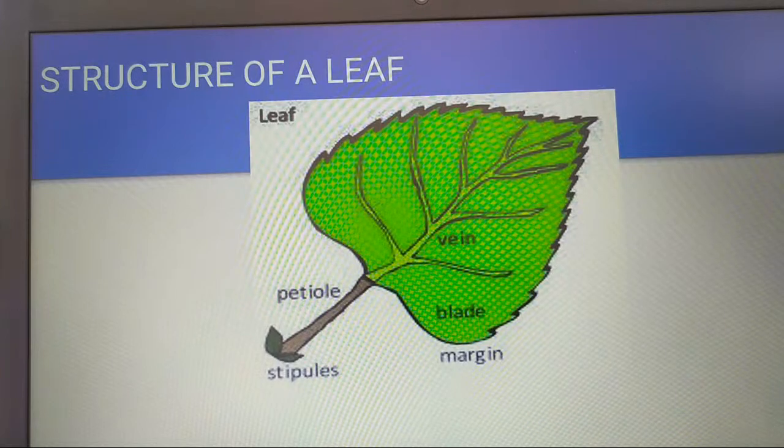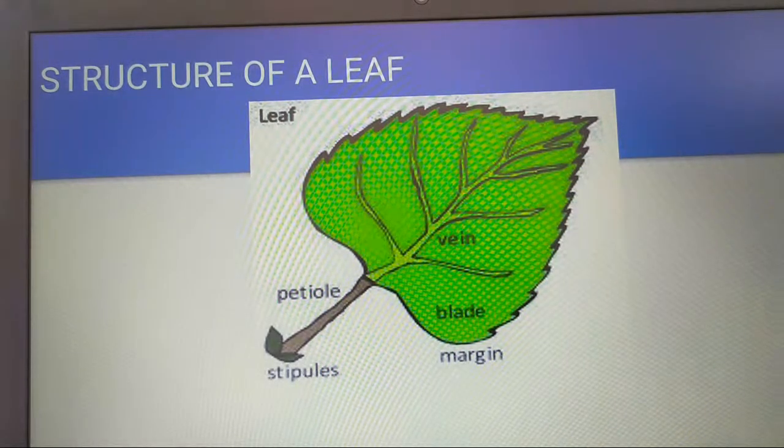Then the petiole takes the water and food from the stem to the leaf blade.